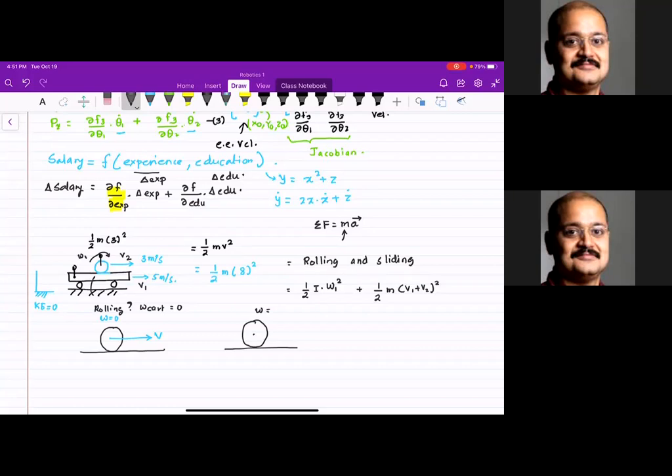So you could have rolling with some non-zero value, and you can have V. Actually, let me extend this example to the robot.